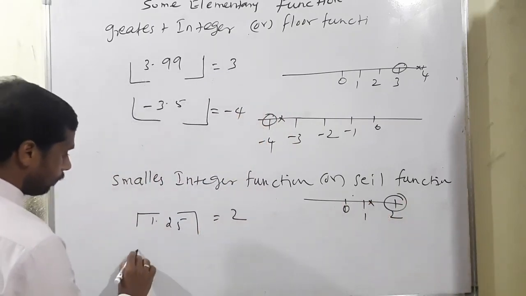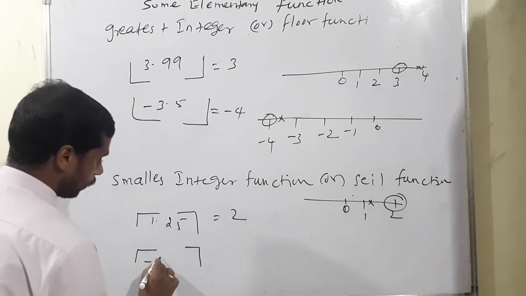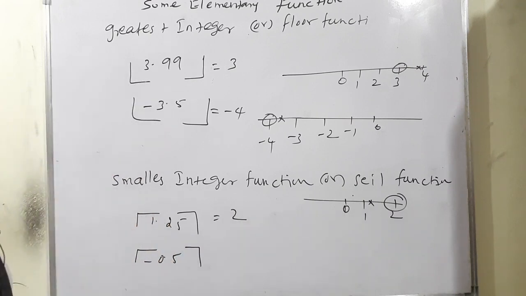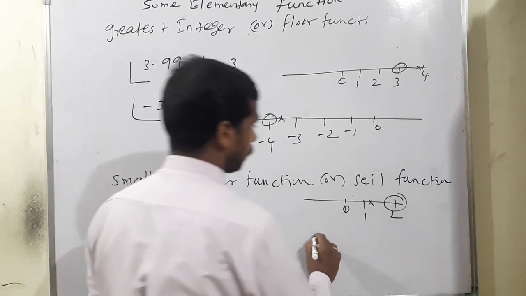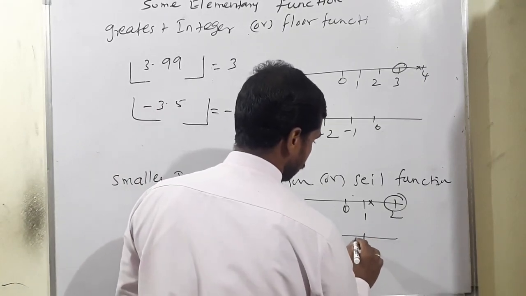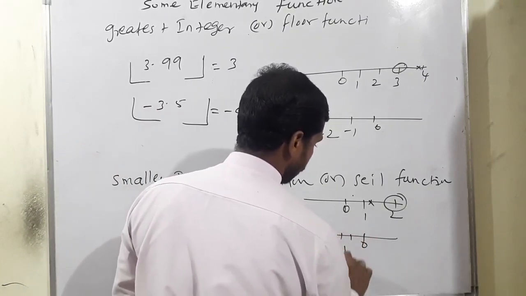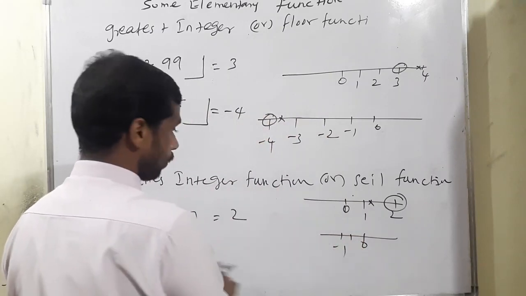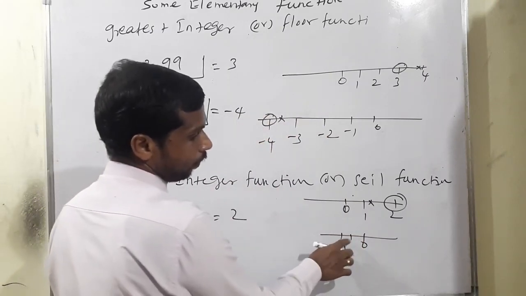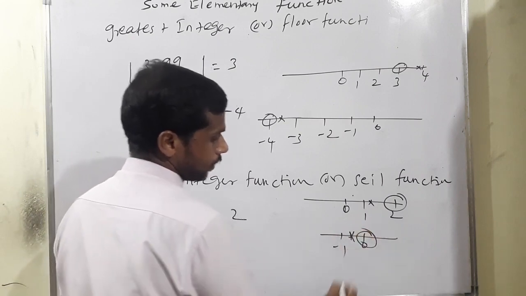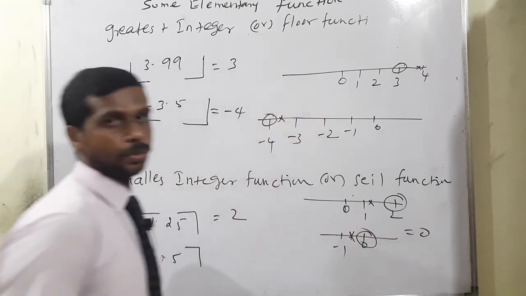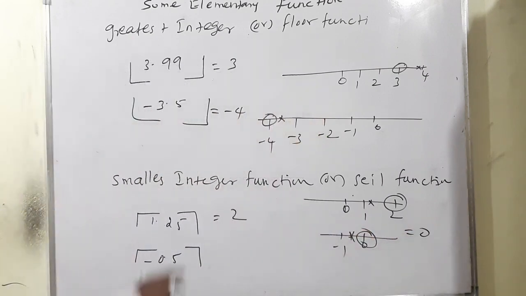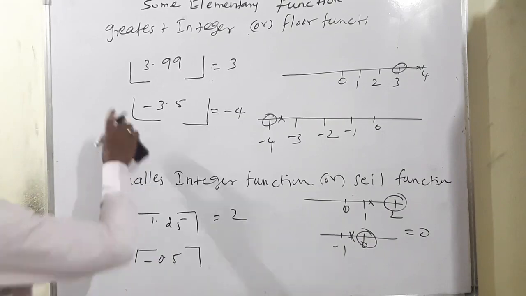At the same time, for minus 0.5, on a number line this is 0 and this is minus 1, and minus 0.5 is in between. On the right side there is only 0, therefore the answer is 0. This is the right side, and this is called the left side. So another one, the signum function.